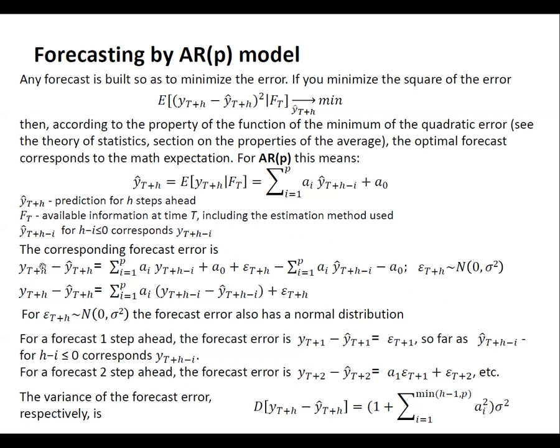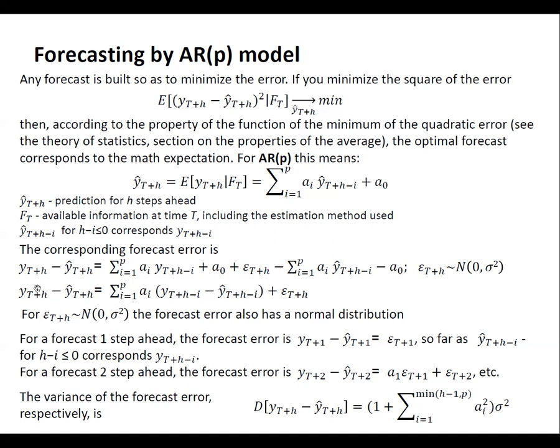Now let's talk about forecasting error. This is the forecasting error that we need in order to calculate the interval forecast. Usually we need not only the average or central forecast, which is calculated simply by this formula, but in order to calculate the boundaries, we need some possible spreads given by the confidence interval.